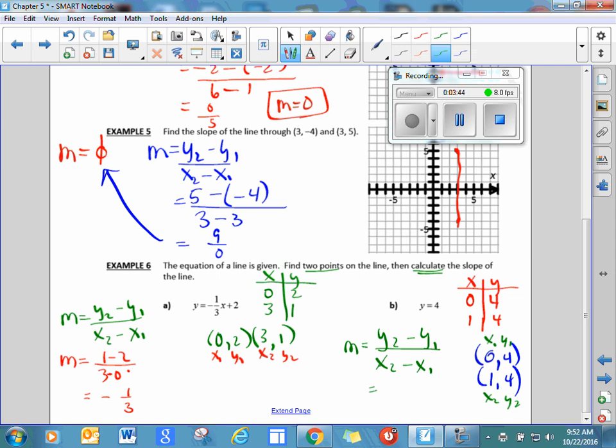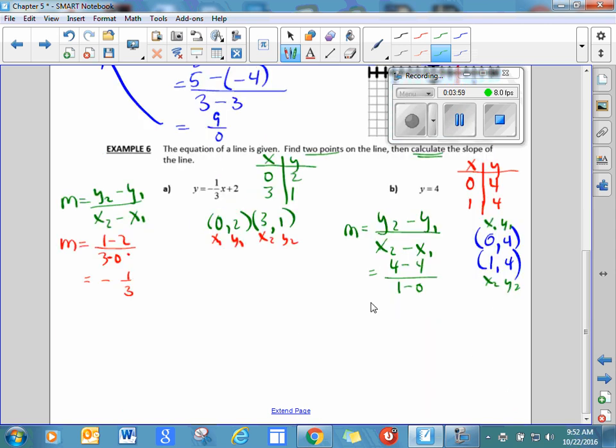When we plug it in, we get y2, which is 4, minus y1, which is also 4, and for the x's, we get 1 minus 0. Anything with a 0 in the numerator is going to end up with a slope of 0. And we know from our previous video that a slope of 0 is going to be a perfectly horizontal line.